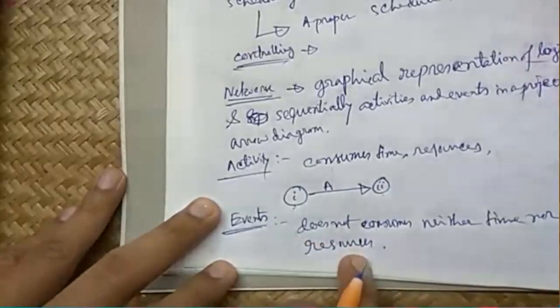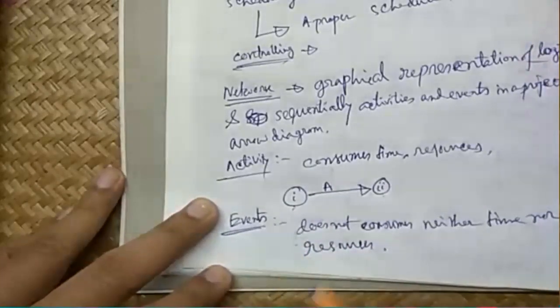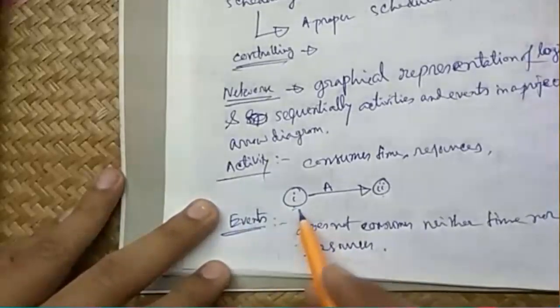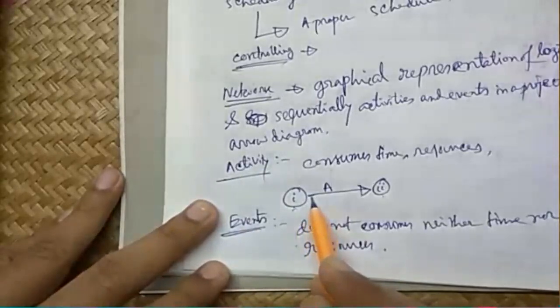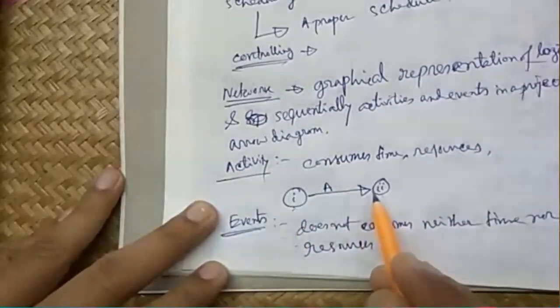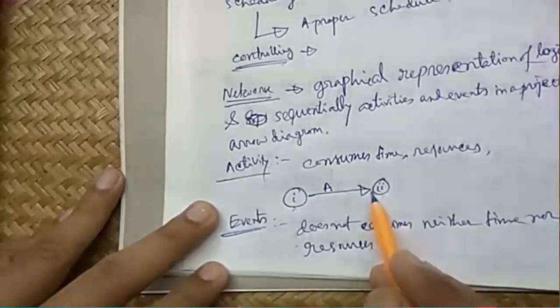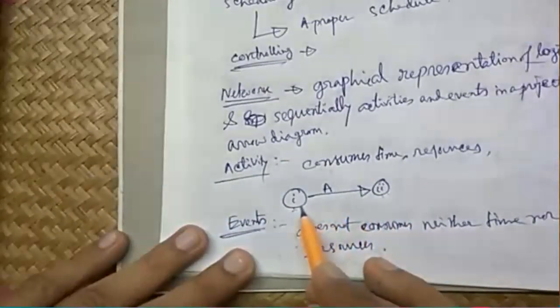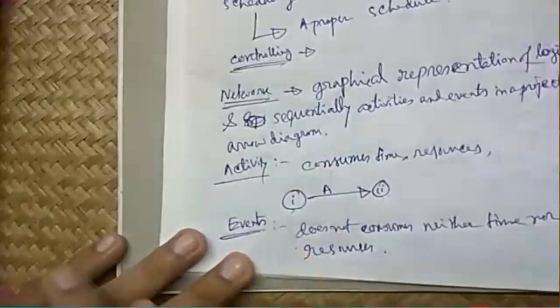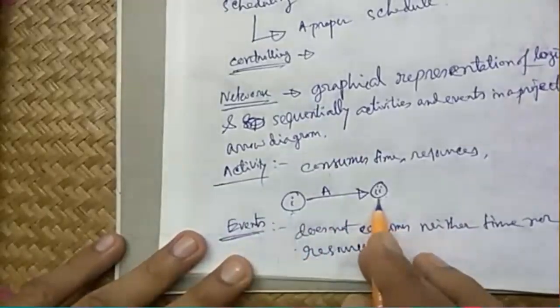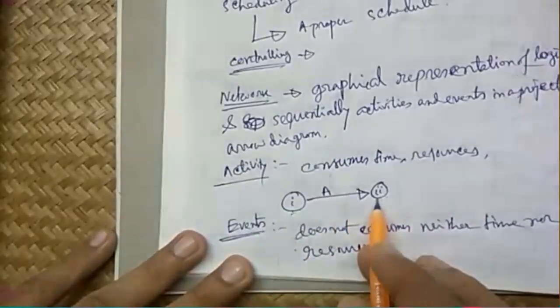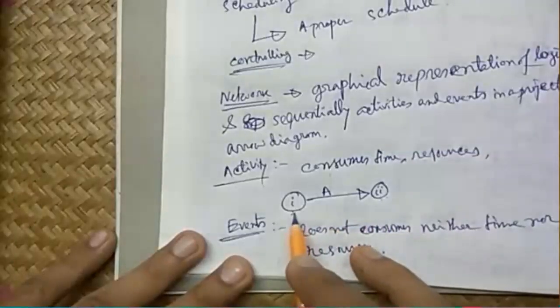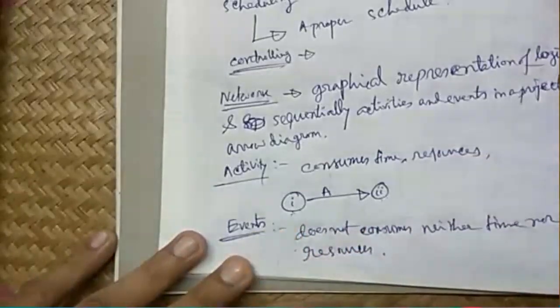These are just points of time. So at this time, we will call event 1 completed, and then activity A started. When A ended, event 2 started. So these two events are connected by activity A, where one will be called head event or succeeding event, and one will be called tail event or predecessing or preceding event.